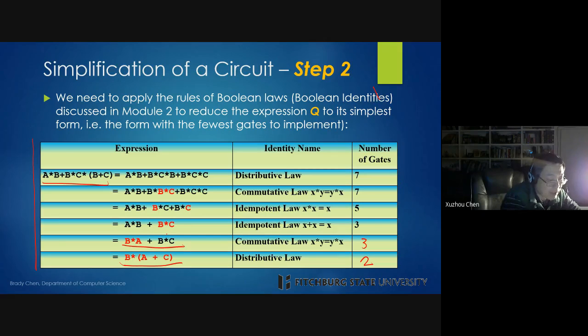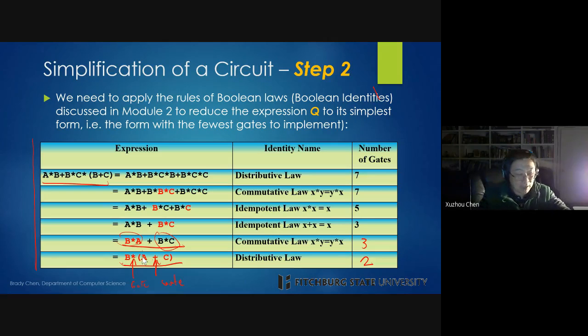First we got B times A plus B times C, so you have B and A, B and C, then OR them together. Then using the distributive law, we can pull the B out, and this way you can reduce the number of operations. Remember, each AND or OR operation represents a gate. This represents the AND gate, this represents the OR gate. In that case, you have 3 gates, but here you only need 2 gates.